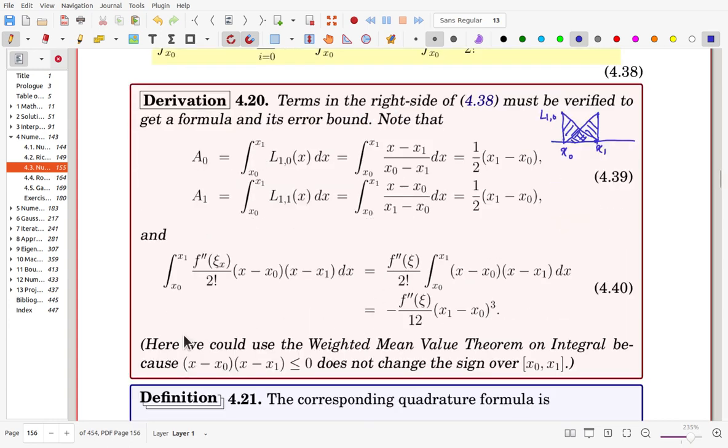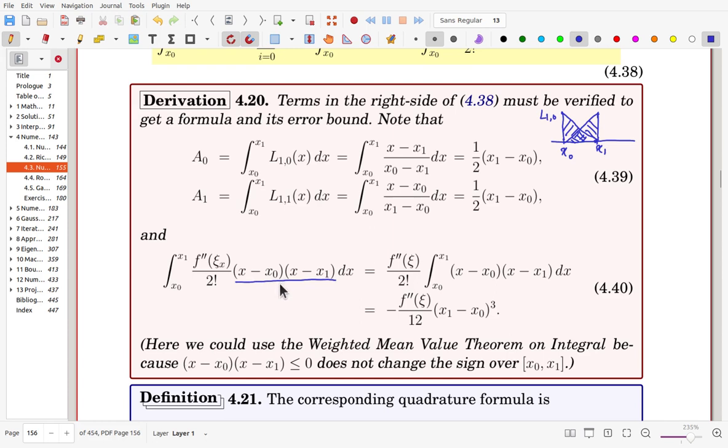And for the error, now this is non-negative and this portion is non-positive, so that this is non-positive. It's not changing sign.